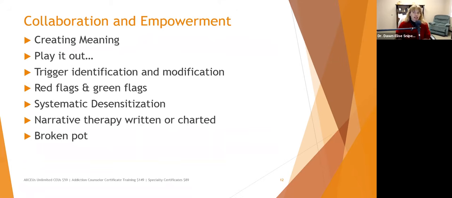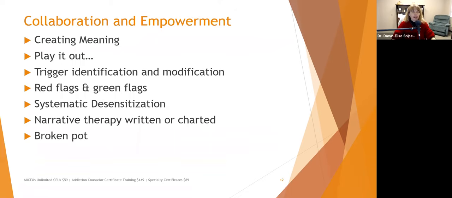Play it out is another empowerment tool that we use sometimes with clients who start having extreme reactions to certain situations. They're afraid to go into public because they're afraid that something bad's going to happen. And so we ask, okay, what are you afraid is going to happen?